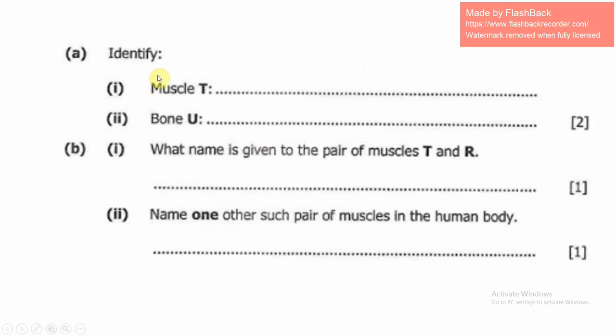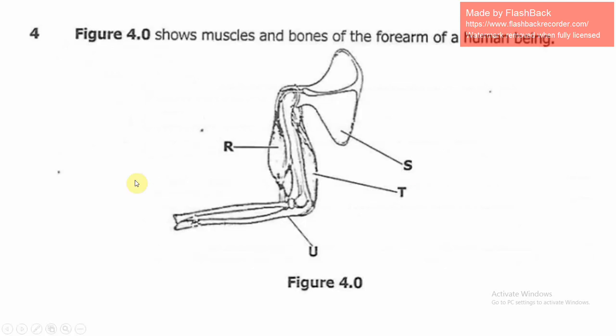Question A, numero 1 and 2. Question A, numero 1 says we identify muscle T. Muscle T is the tricep muscle, the one found at the back of your arm.